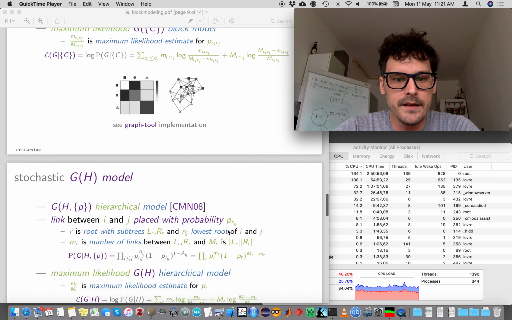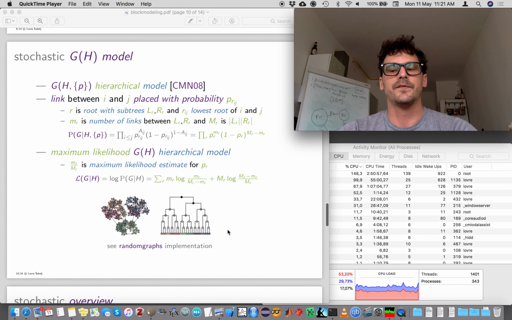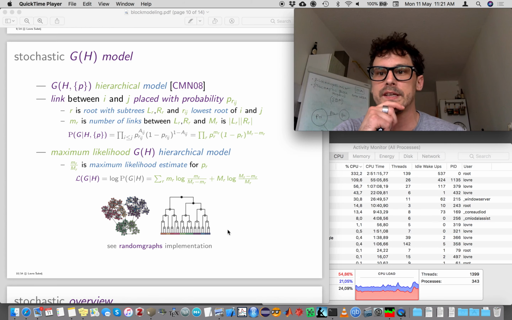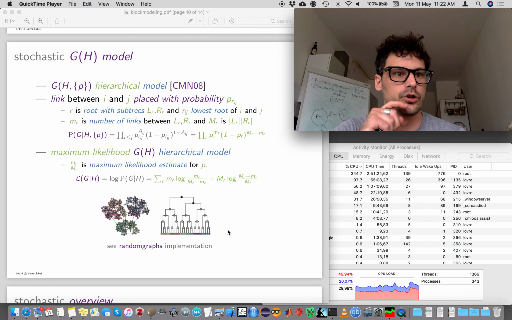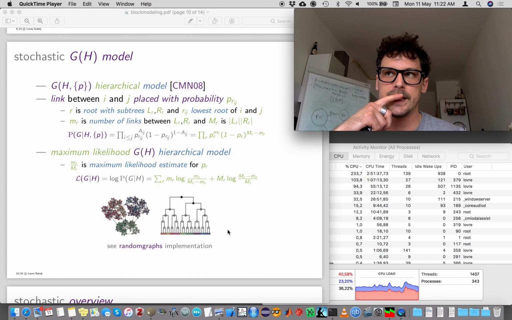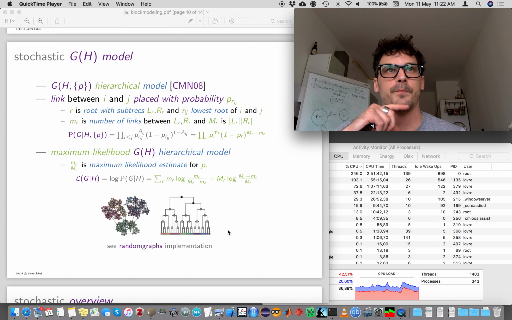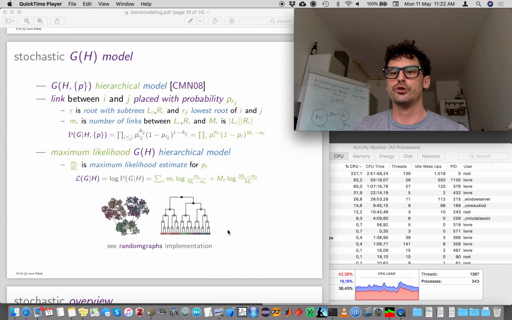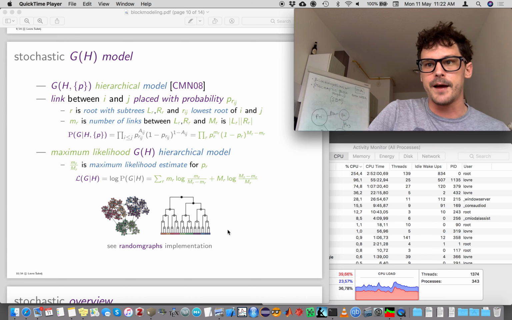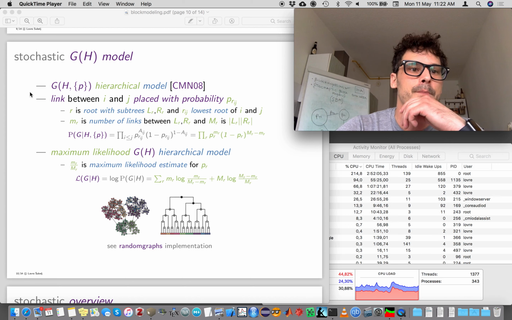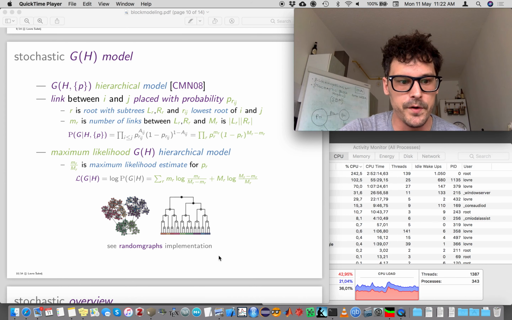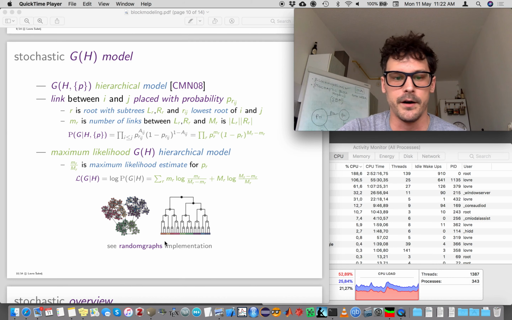Okay, at the beginning, I also mentioned that I will briefly introduce so-called hierarchical models, introduced in 2008, where the idea is basically the same as for stochastic block models. The only difference is that you don't specify the division into groups, these C clusters that we had, but you specify the entire hierarchy of groups, like shown here at the bottom right.